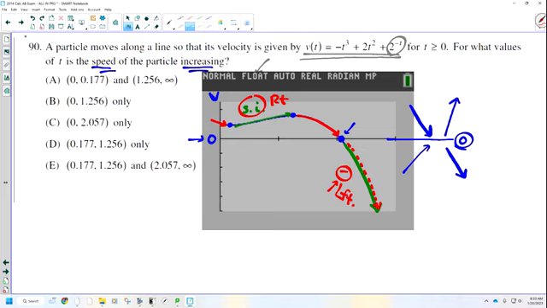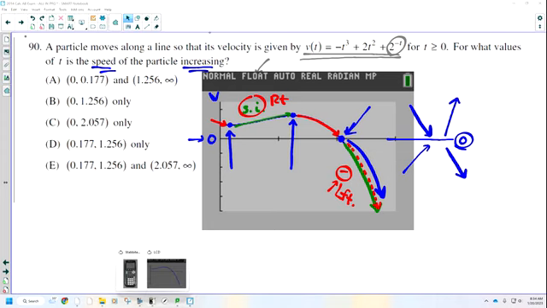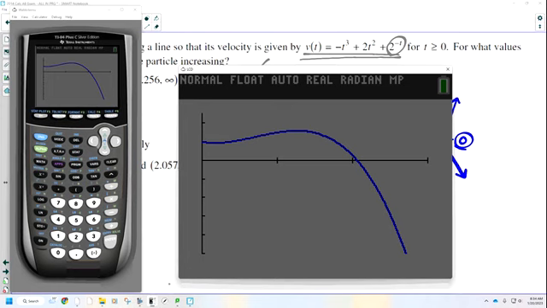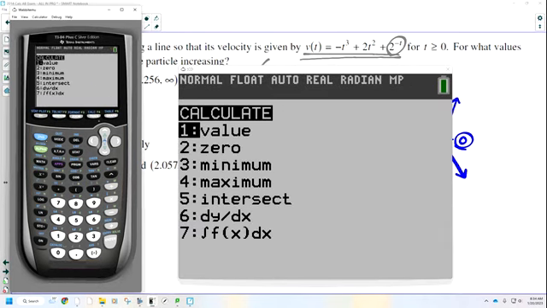So all I've got to do is find this minimum point and find this maximum point. Between those two points, I'm speeding up. Then I've got to find the 0. And anything after the 0, again, I'm speeding up. So let's find some points. Second, trace, let's do a minimum.